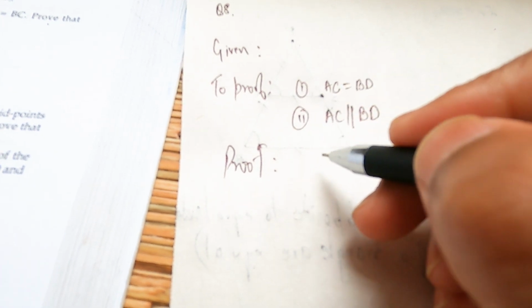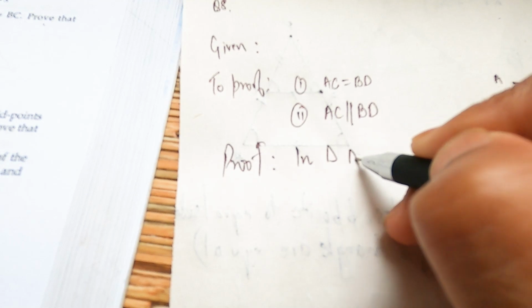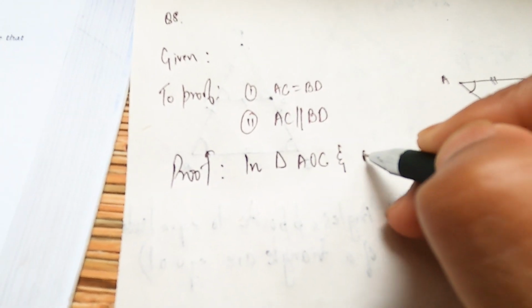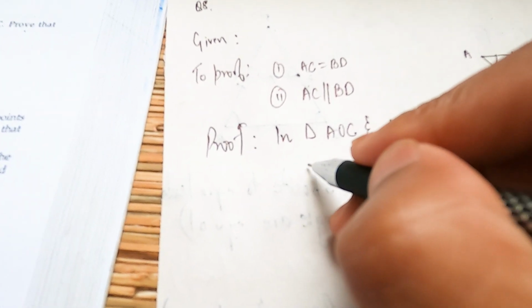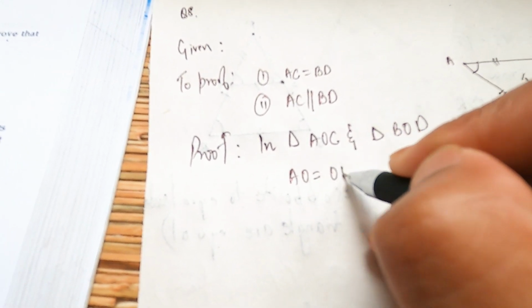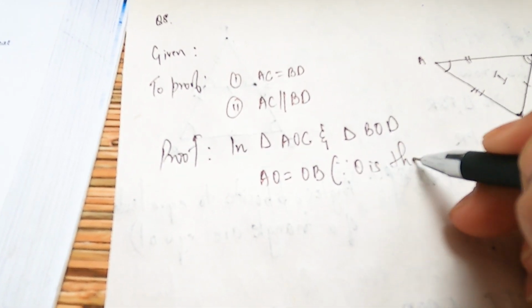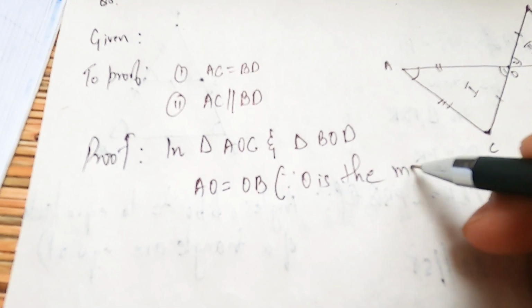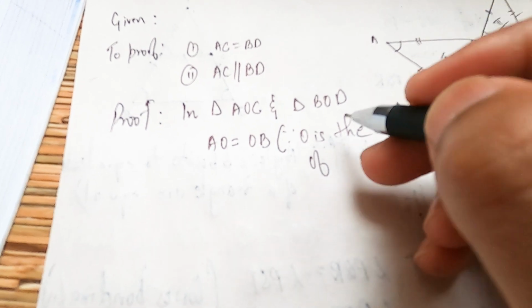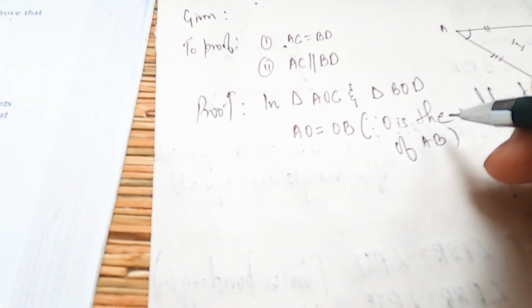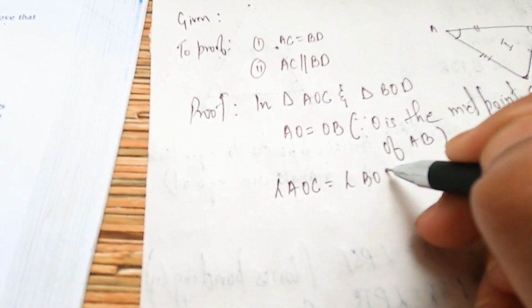So you write: in triangle AOC and triangle BOD, AO is equal to OB, since O is the midpoint of AB. Then angle AOC is equal to angle BOD.